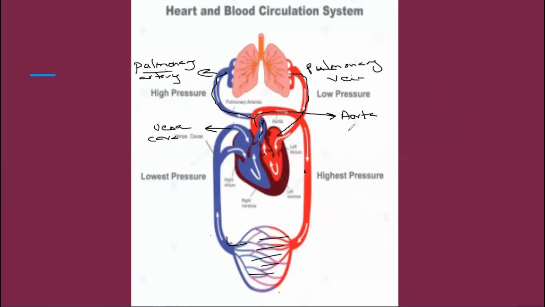Now see, we have discussed earlier that between the right atrium and right ventricle there is a tricuspid valve, and the right part of the heart has comparatively thin muscles. The reason behind it is that the right part of the heart is serving only the lungs, and lungs are very delicate.